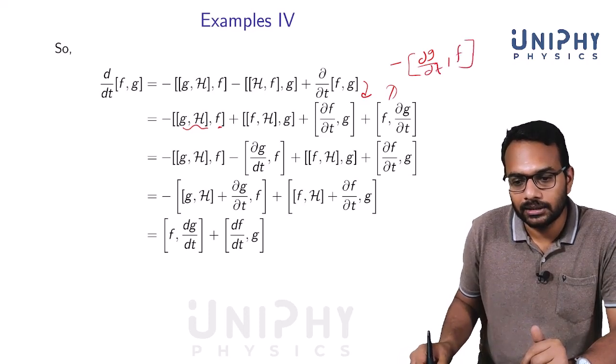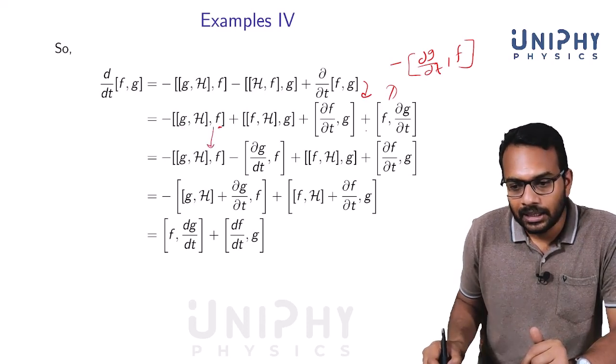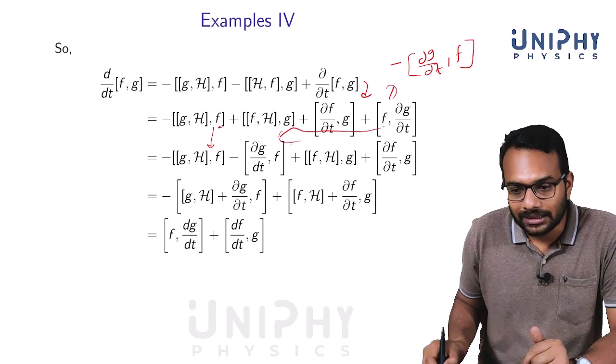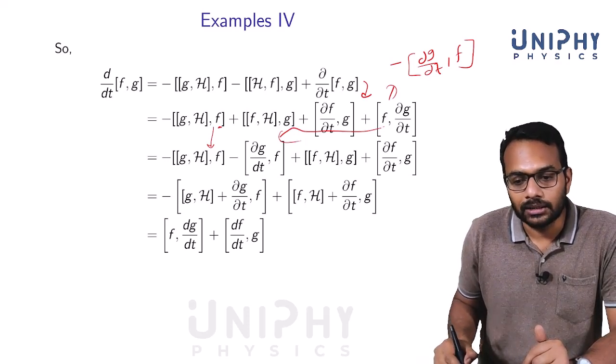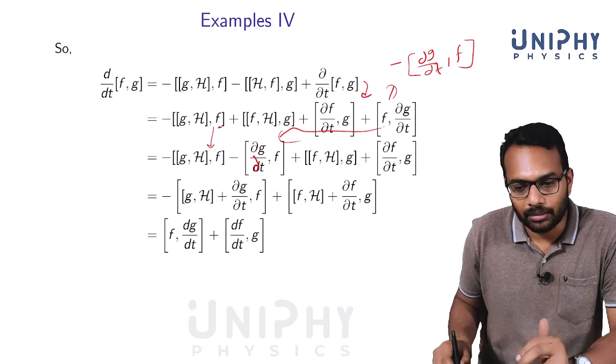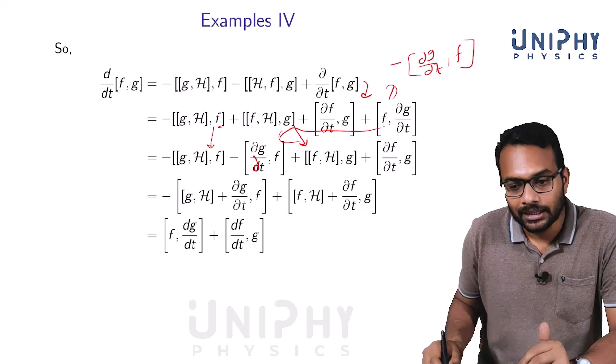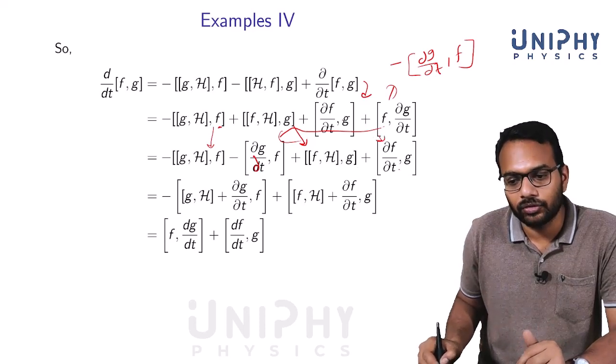Am I right? That's what I've done here. I've combined these terms, minus g comma h with f. That's exactly this term, and this I have brought here: minus dou g by dou t comma f. Then I combine the other term, plus f comma h comma g. This term comes exactly there, and this you write exactly like that: dou f by dou t comma g.